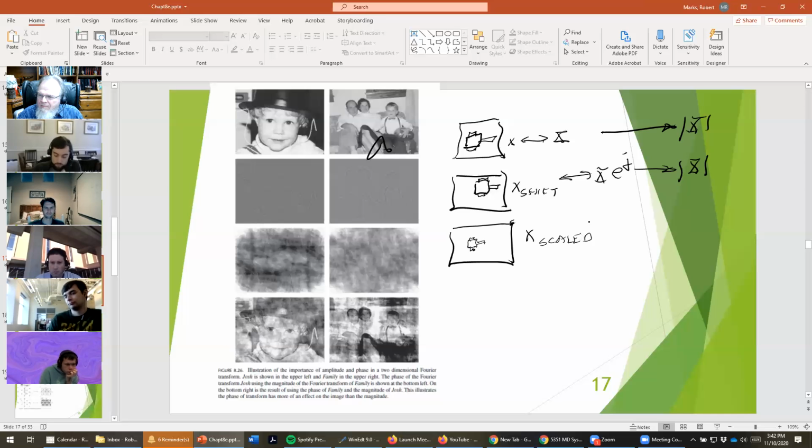How do you mess around with this? Well, it turns out there's a different transform called the Mellin transform, which is in your book, but we're not going to go over it. But the Mellin transform turns out to be invariant to shift. I'm sorry, to scale. So you could use the Mellin transform as invariant. And then guess what else you had to do? You had to do the scale, and then you had to do the rotate. What happens if you rotated the tank?